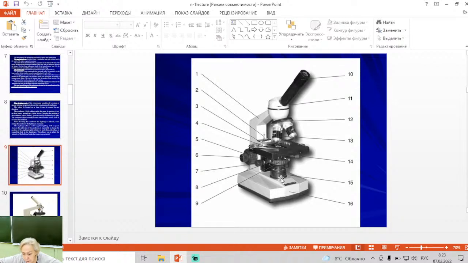Here is the condenser, lamp number 15, condenser knob number 7.